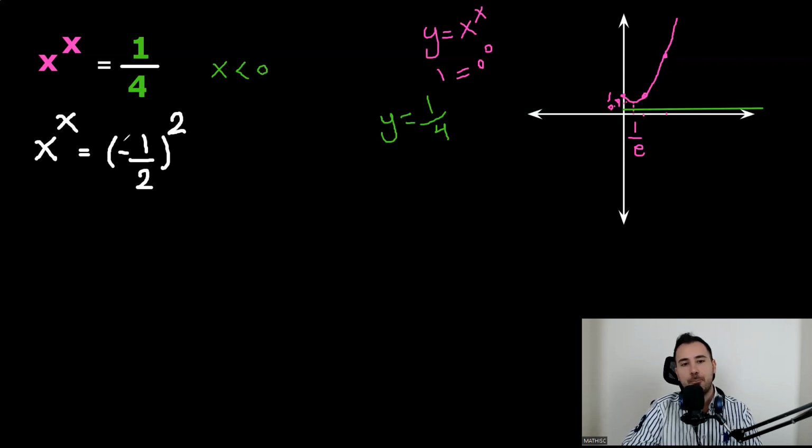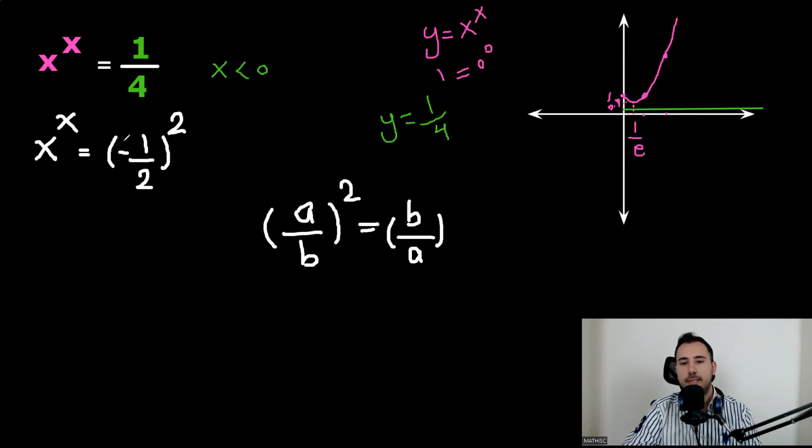You see, now if I tell you what is a over b, to the power of 2, what can we do? I want to have b going up, a going down at the expense of making 2 negative. So it will be b over a to the power of negative 2.